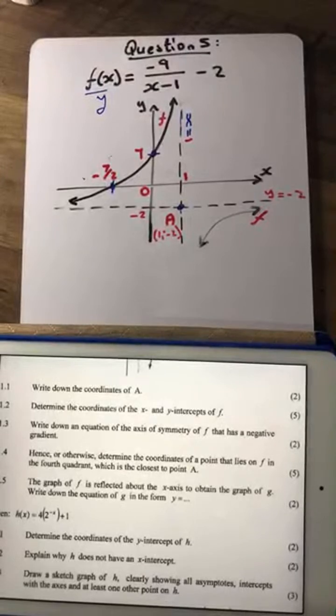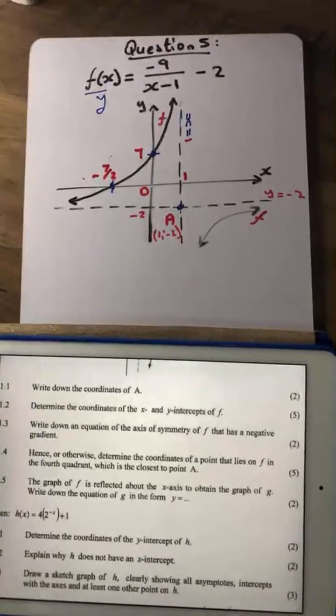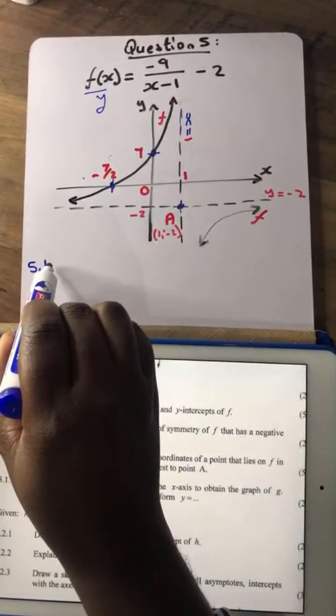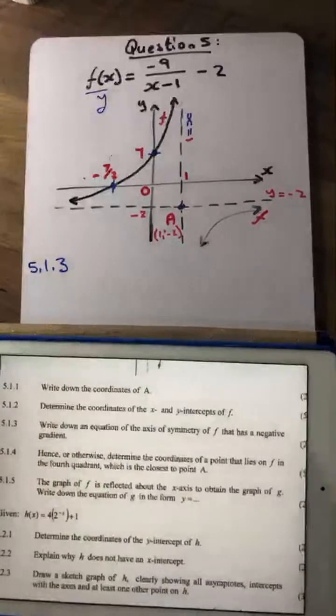So please, honorable members, try to work it out and see how far you can go with that one. Check your notes, check what we have done, and see if you can answer that one. We are on question 5.1.3.